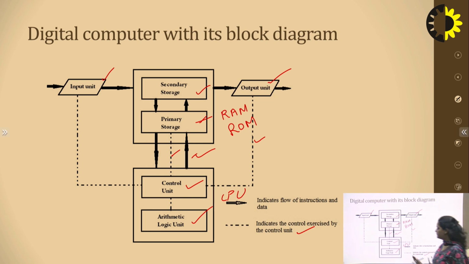And here we have the control unit and the arithmetic logical unit, which compose our central processing unit. The control unit is of 2 types: either a hardware control unit or a microprogram control unit.